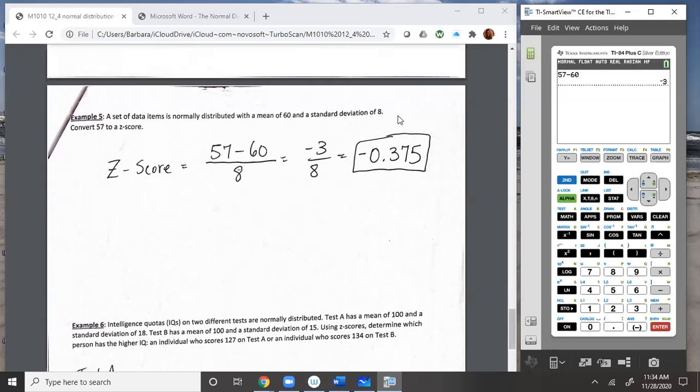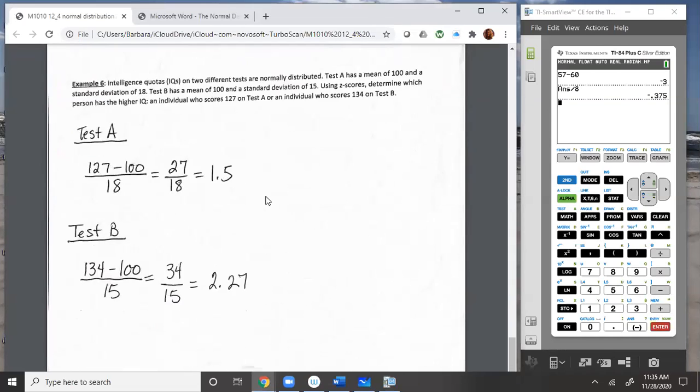Standard deviation is 8. So we subtract and we get -3 divided by 8, which is -0.375. So the 57 has a z-score that is -0.375. That means it is -0.375 standard deviations away from the mean, which is 60.